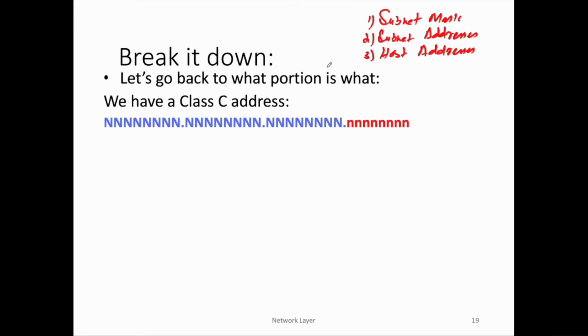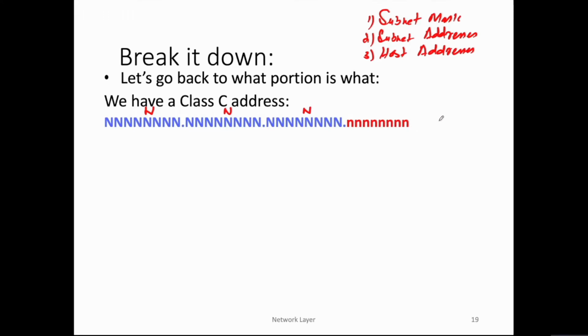C. This is the default arrangement. We know that the first 3 octets represent the network portion. This octet is the network portion, this octet is the network portion. This is the default arrangement, by the way. And the last octet represents the host portion.